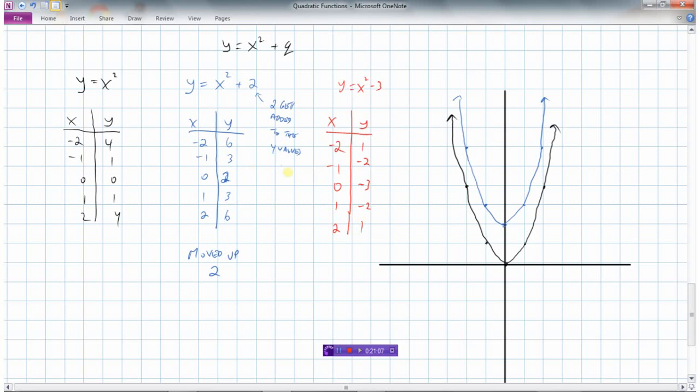And you can see that compared to the original one, all the y values are 3 less than these ones that we had in our original graph. And so now when I go over negative 2, I'm here at 1. When I go over negative 1, I'm at negative 2. 0 is minus 3. This one's at minus 2. And 2 is at 1.